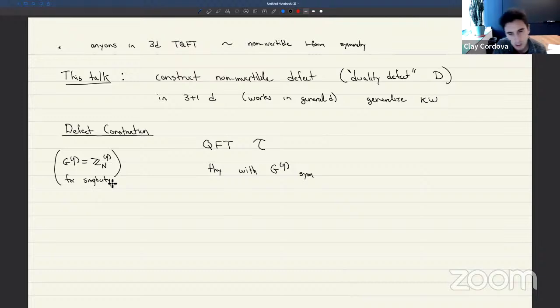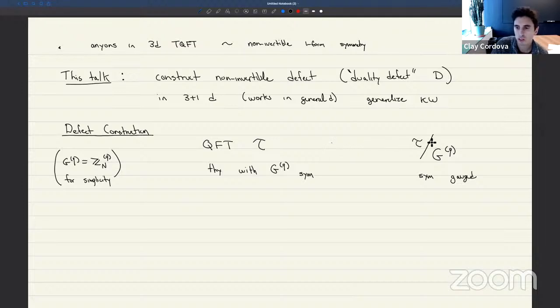There are versions with more general G. And the main input in our construction is going to be a duality. So given this theory with G^(Q) symmetry, we could try to imagine another theory where we have gauged this symmetry. By that, I mean we've coupled our initial theory to dynamical G^(Q) gauge fields and summed over those gauge fields.